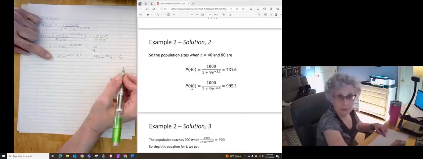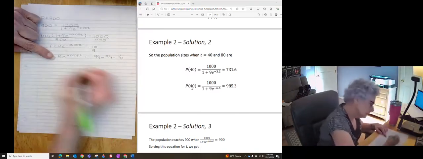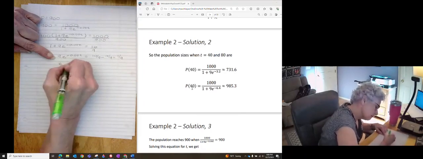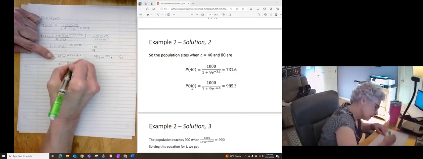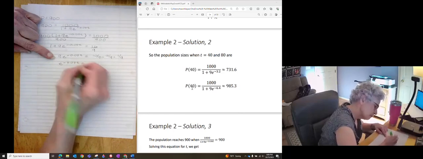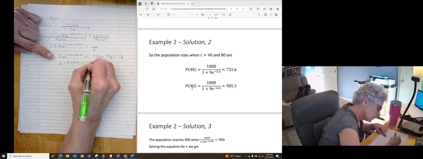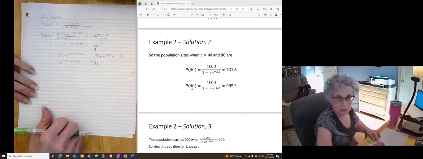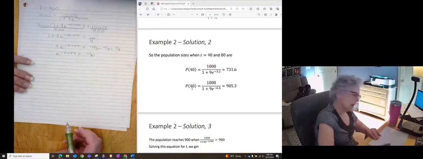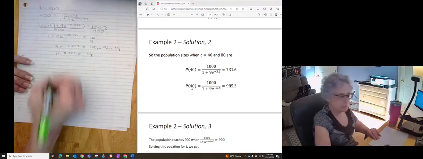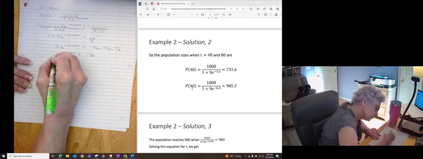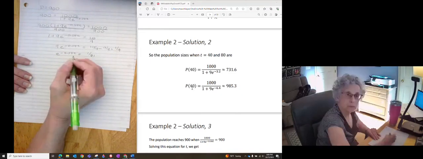Then I would divide both sides by 9. There's a lot of 9's going on. E to the negative 0.08t is equal to 1 over 81. I would take the natural log of both sides. So natural log of e raised to something is just equal to the something.